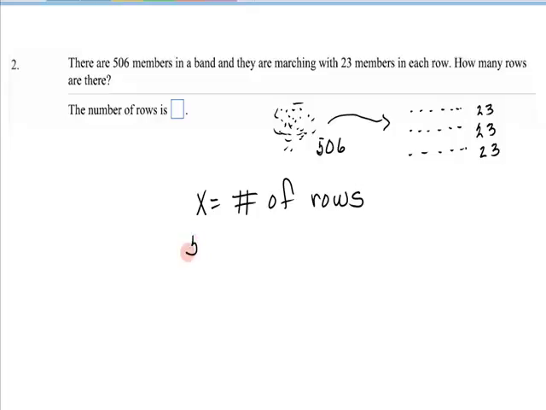So you are taking 506 and dividing it by 23 to find out the number of rows. 1 row, 2 rows, 3 rows. So this was a case where, drawing a little picture or thinking about it in my head, I'm literally taking 506 and taking off 23, 23, 23.